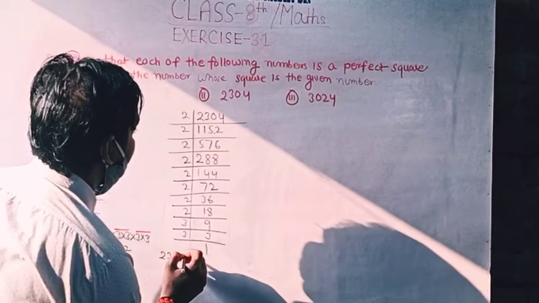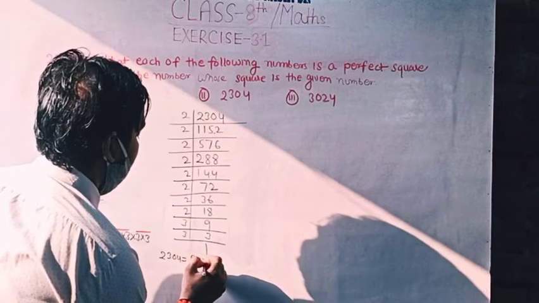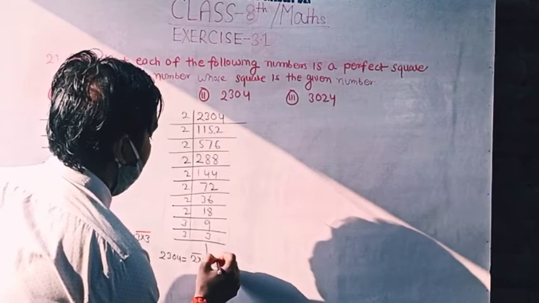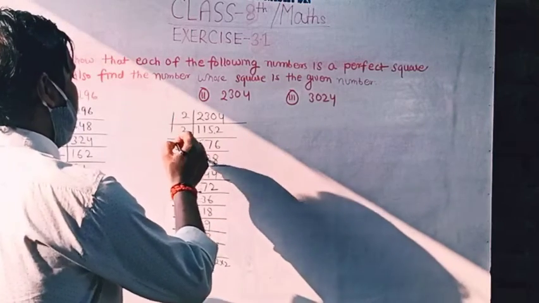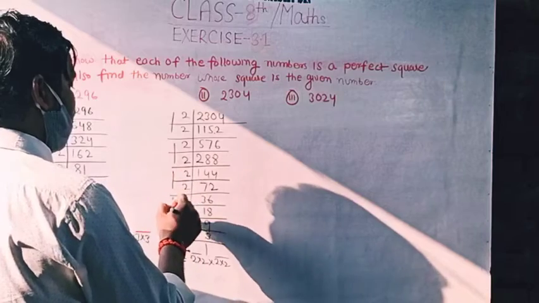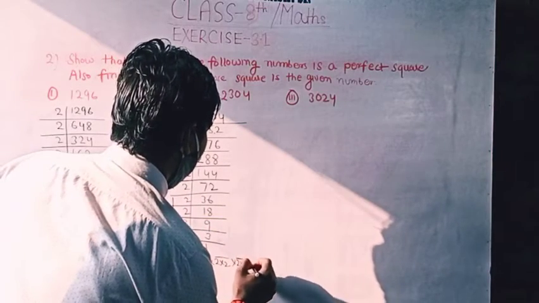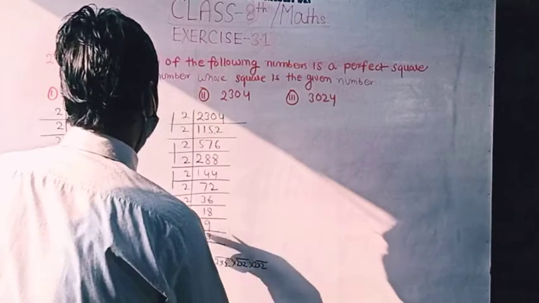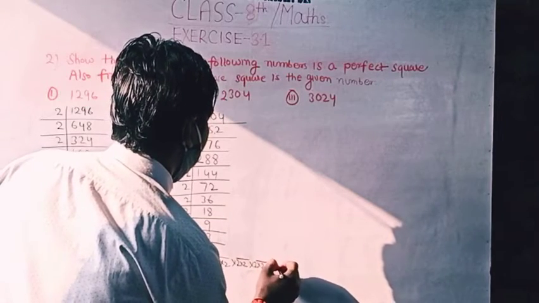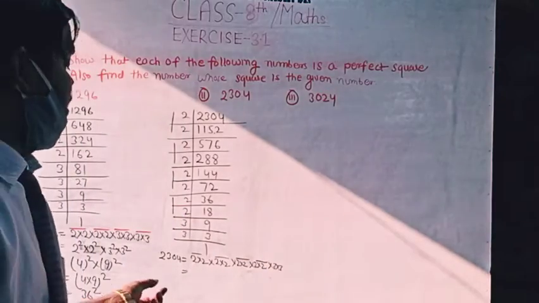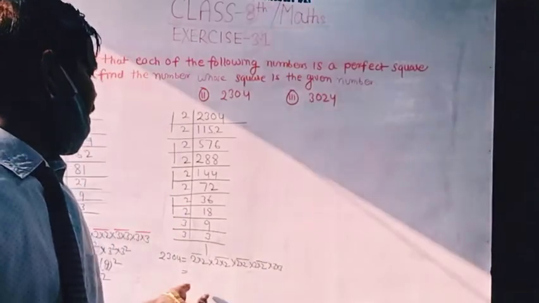2304 is expressed as 2 into 2, this is the first pair, and 2 into 2, this is the second pair, 1 2 3 4, 2 into 2, and this is 3 into 3. So this is expressed as the product of equal pairs of prime factors.